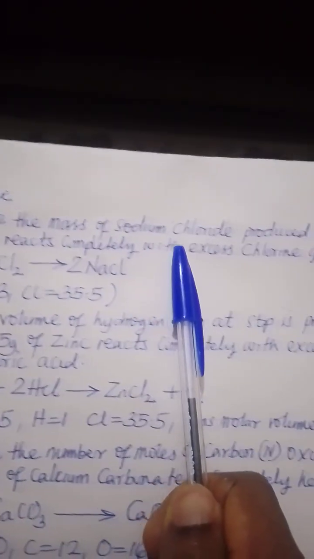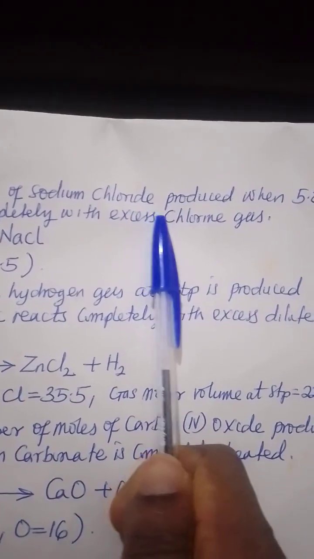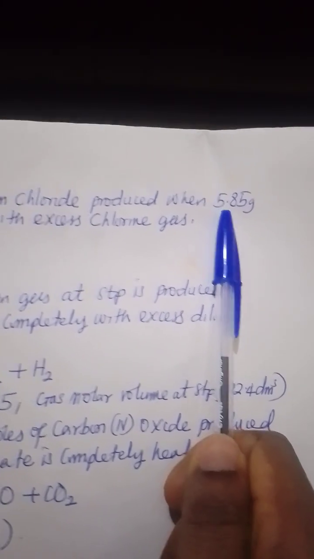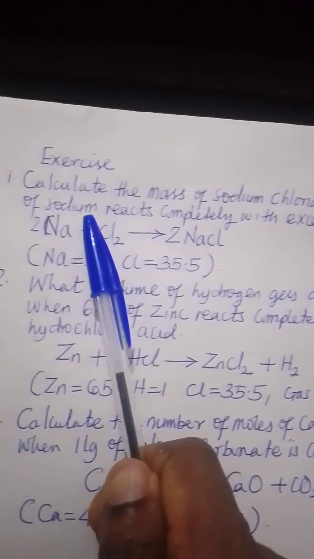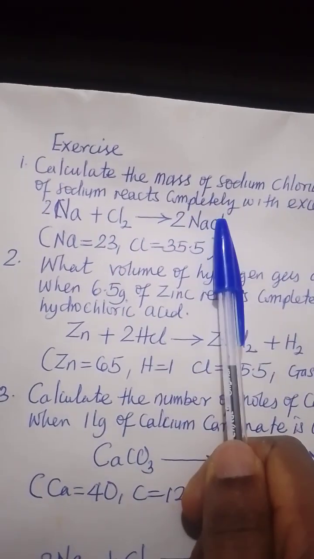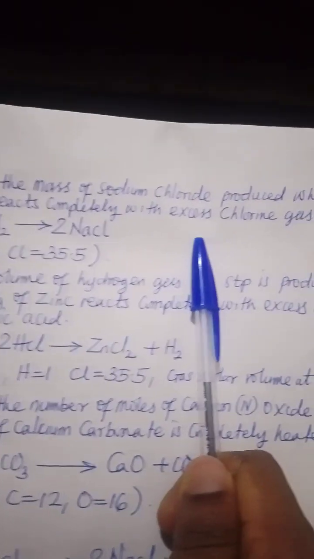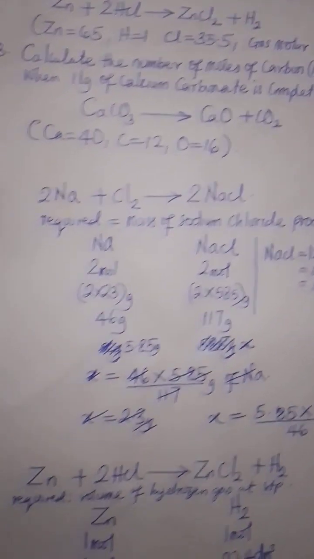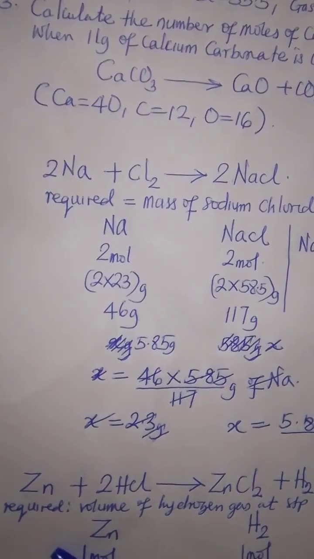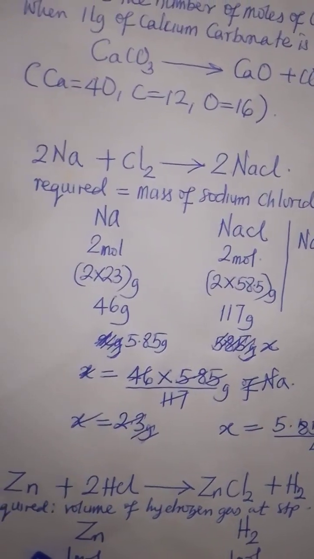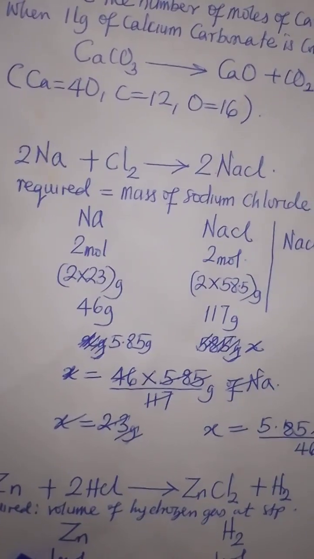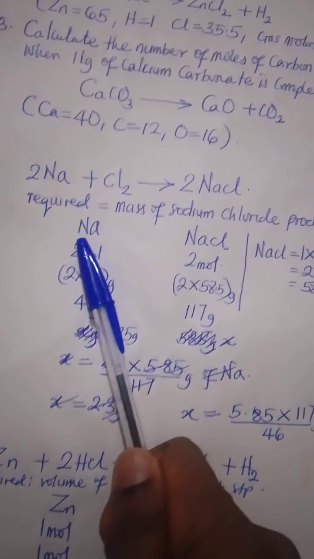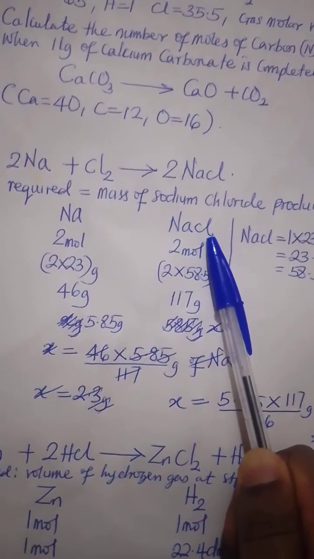Calculate the mass of sodium chloride produced when 5.85 grams of sodium reacts completely with excess chlorine gas. The examiner already told us that chlorine is in excess. Therefore, sodium becomes the limiting reactant. So you write sodium and what we're told to look for, sodium chloride.